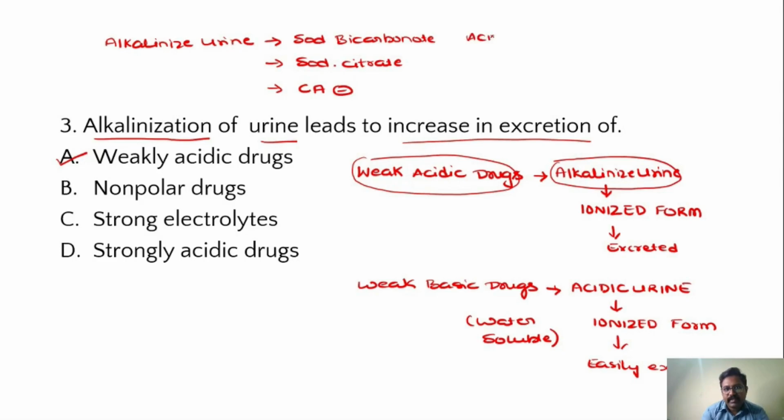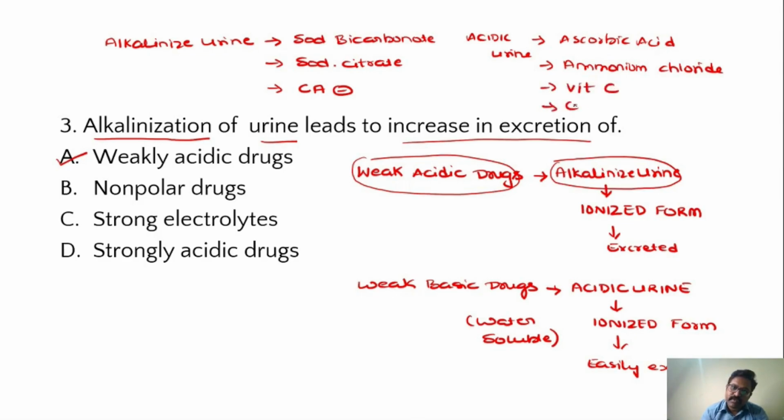To acidify the urine, you need to use ascorbic acid, or you can use ammonium chloride. You can use vitamin C, as well as you can use cranberry juice.